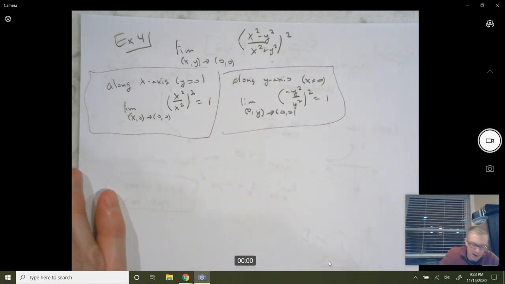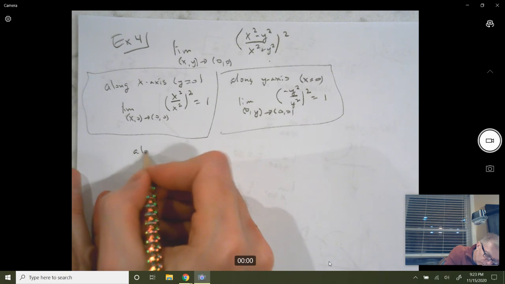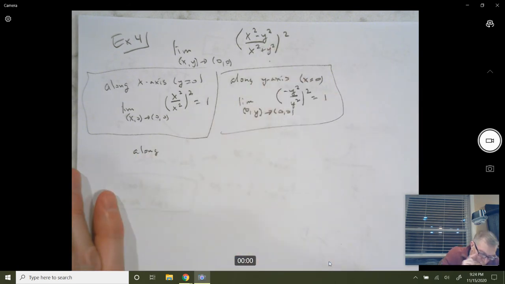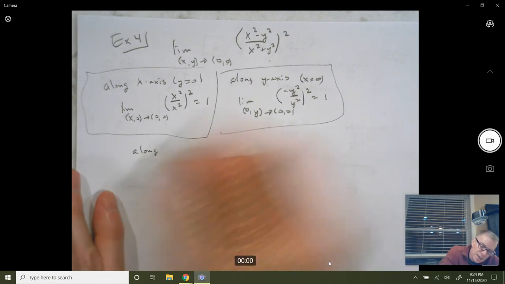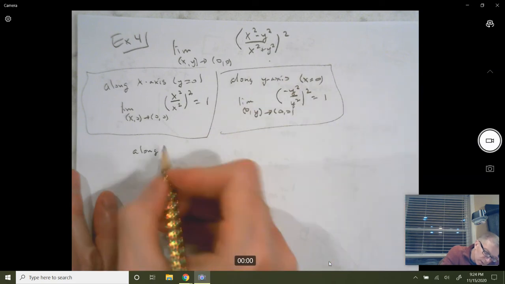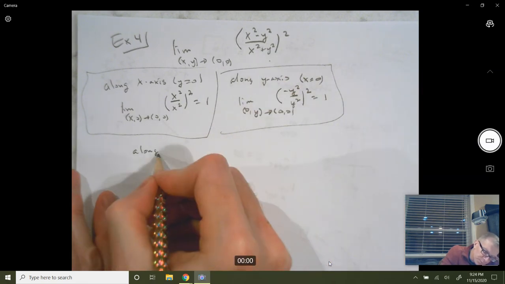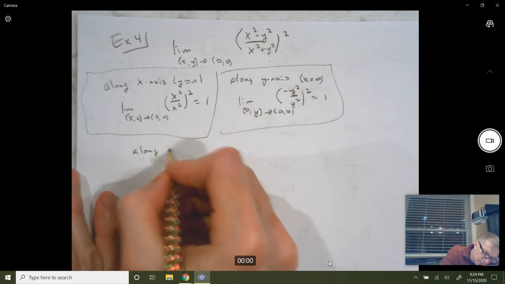Let's try another path. Let's try it along a line. Usually, try y equals x, maybe y equals x squared, or x equals y squared. Sometimes you try things like that, and we're going to practice more of these. So I'm going to say along y equals x.